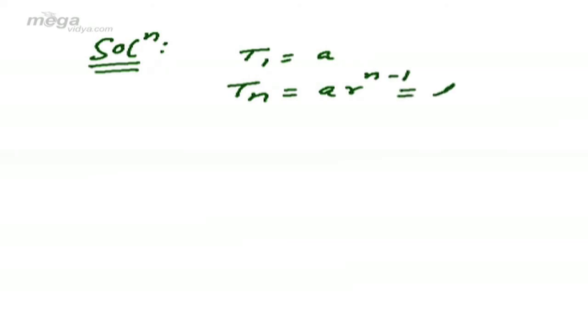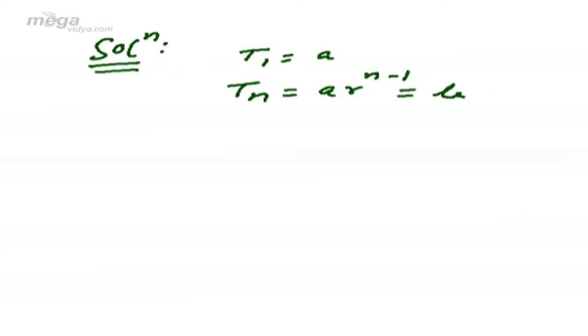Then solution is, that is T1 is equal to A. Last term, that is Tn, is equal to AR to the power n minus 1, and this is equal to B.